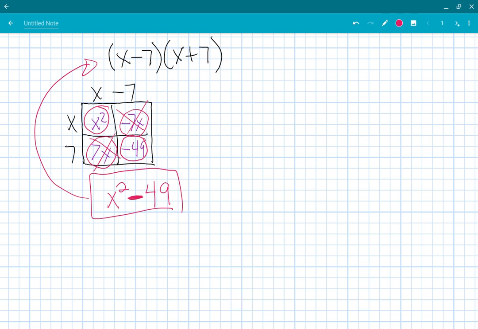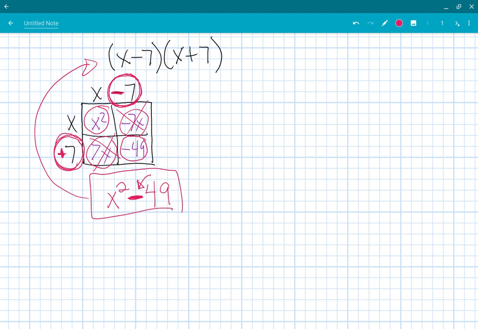If one of them has to be negative and one has to be positive, will this sign ever be positive? I have a question. So why is it negative, actually? Because it's negative 7, good question, times positive 7. Do you see that right here? Remember, they're opposites, right? Negative 7 times positive 7 is negative 49.